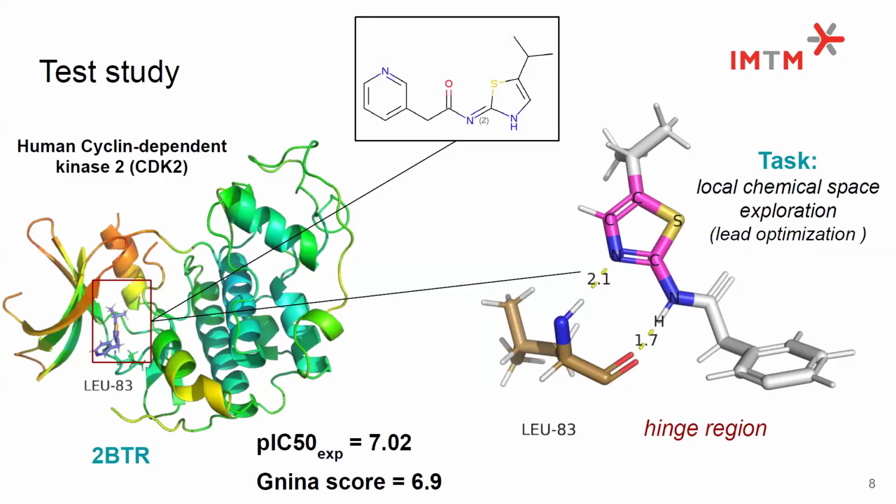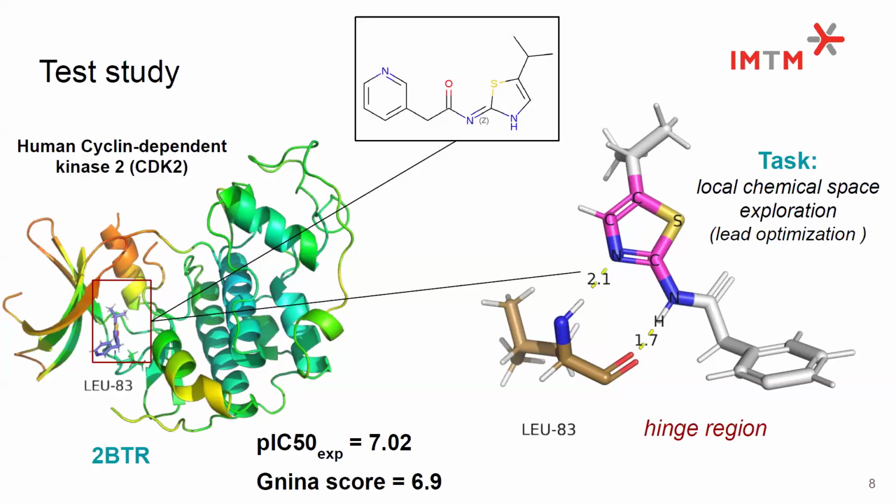It is known from the literature that for the activity, it is important to preserve the contacts between the ligand and the hinge region. We wanted our generated molecules to have this contact too, so we decided to protect the atoms involved in bonding with the hinge region from replacement.